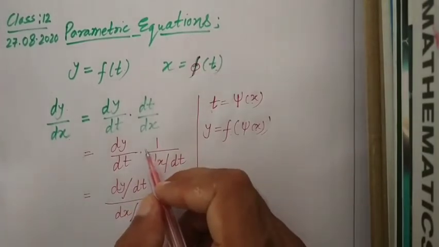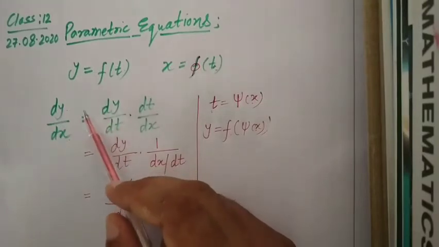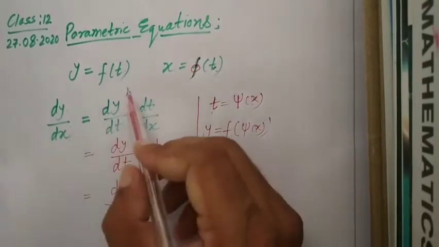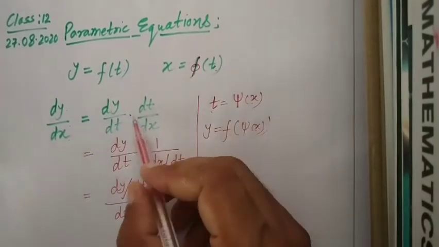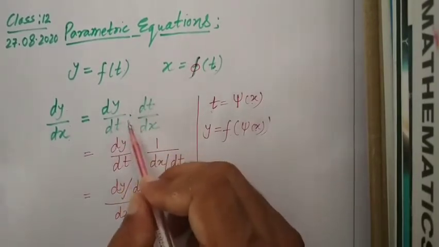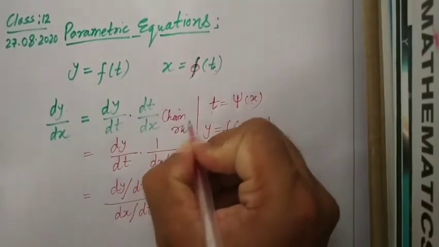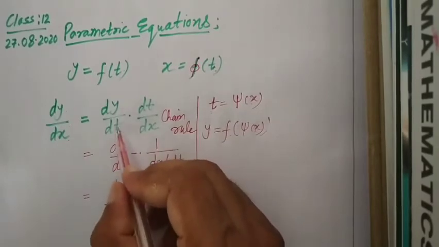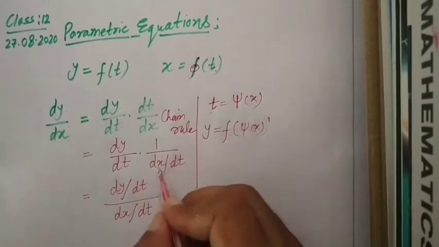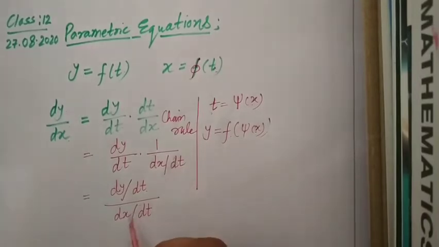Okay, so let's see the procedure for finding the derivative of parametric equations. Whenever you have to calculate dy by dx for given parametric equations, we can write dy by dt times dt by dx by the chain rule. So this dy by dt you leave as it is. This dt upon dx you can write as the reciprocal of dx upon dt, and then you can write dy by dx as dy by dt upon dx by dt.